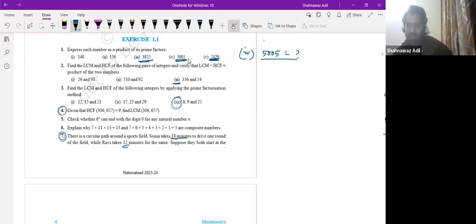Did you guys get the factors? One is direct, yeah, 5, that is there. But after 5, I also do. And you guys are still dividing, right?